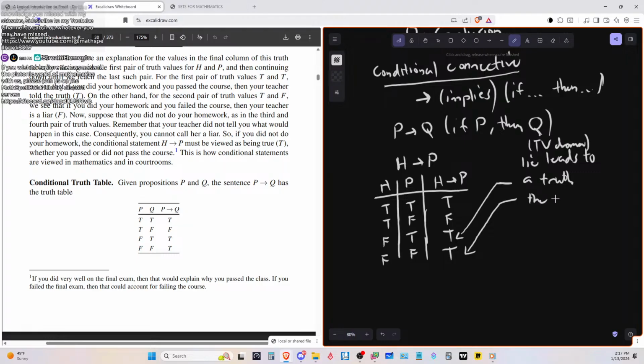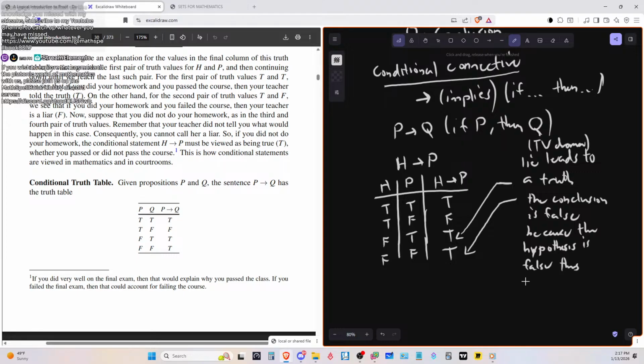The conclusion is false because the hypothesis is false.